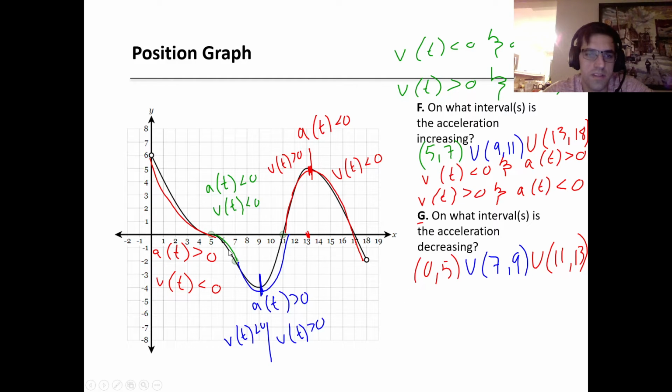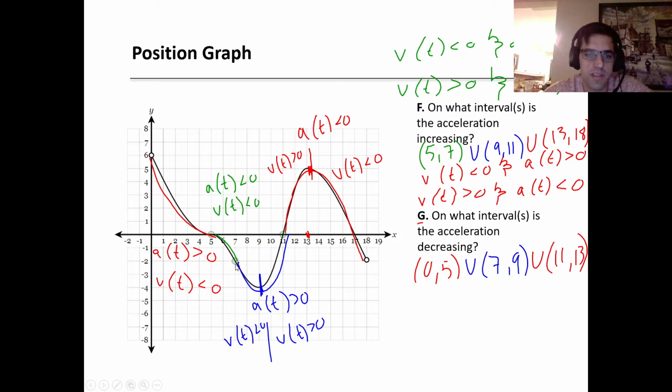From 5 to 7, we're concave down, so we're decelerating, or acceleration is negative. And then our velocity, all of our slopes of our tangent lines are negative, so we also have a negative velocity. So our velocity and our acceleration from 5 to 7 are in harmony, so this is an increasing acceleration interval.